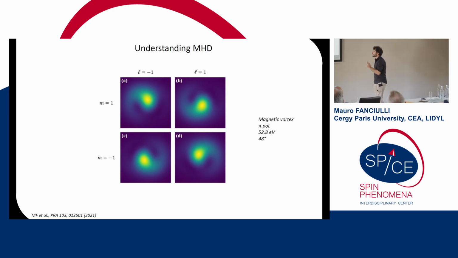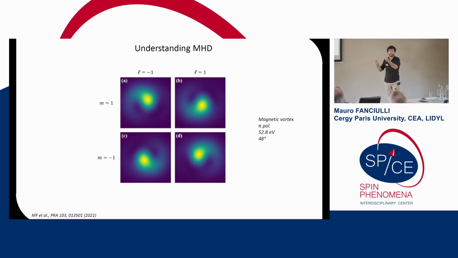Now, to understand the shapes of these images and where this MHD comes from, I think the numerical simulation helped quite a lot to visualize, because at the end it's quite simple. These are the beam profiles that you would expect, calculated beam profiles in the far field, for the four cases, for example, where M is the index of the vortex, to the right or to the left, and L is the orbital momentum. As you can see, you have four different shapes.